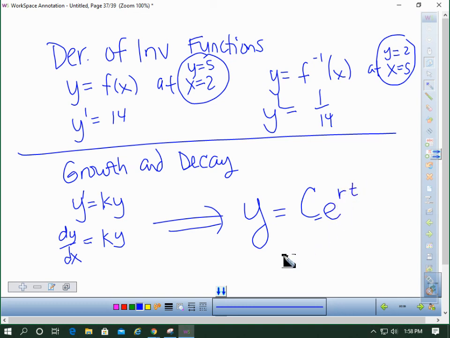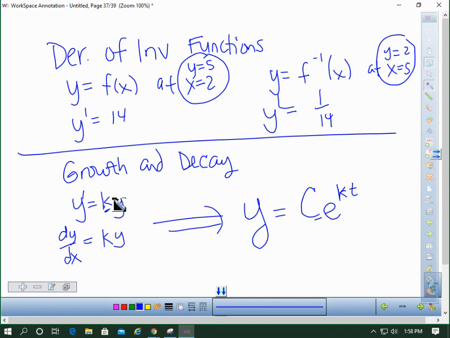I call it the CERT formula. So y equals C times e to the rt, or kt, depending on if you want to use a k. Here, if this is a k, this would be a k right here. It just depends on whether you see the version with the k or the r. I call it the CERT formula, so I put the r in there all the time.